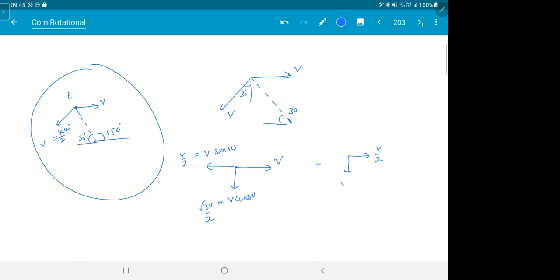That would be V by 2 and that would be V root 3 by 2. Check it out.